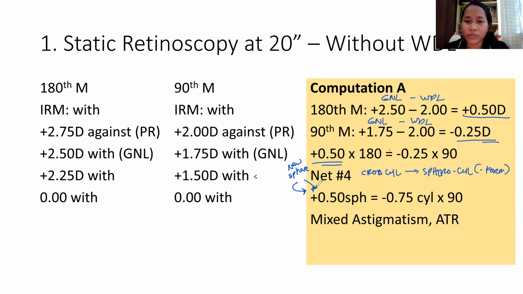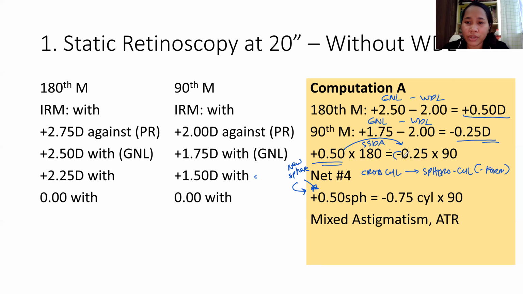Okay, new sphere. And then you add algebraically. So when you add algebraically, you change the sign here. So you just remember the SSDA. Same sign, subtract, different sign, add.